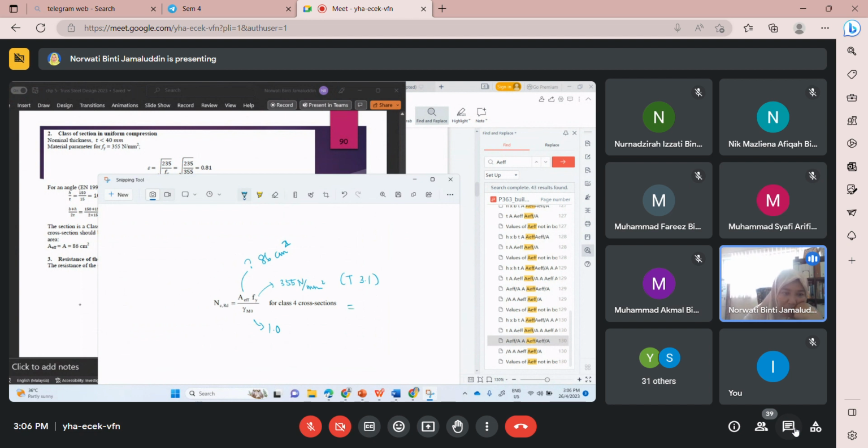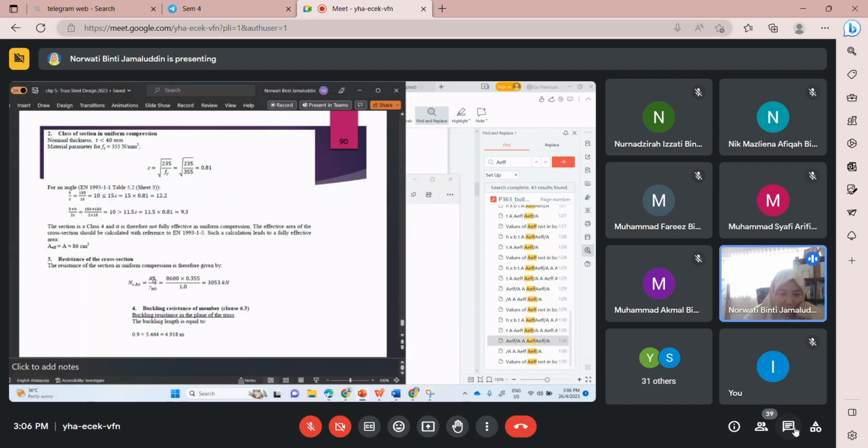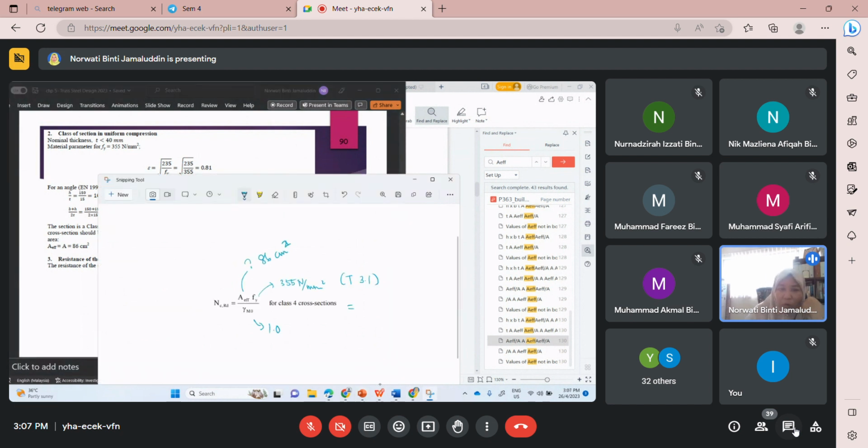So then you need to calculate. This is not correct, it should be A effective. But since A effective is equal to A, so this one is the same. So 3,000 something. That is the resistance of cross section. I said that you need to evaluate the cross section resistance. That is the first.